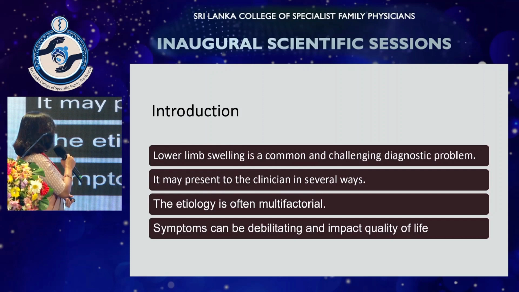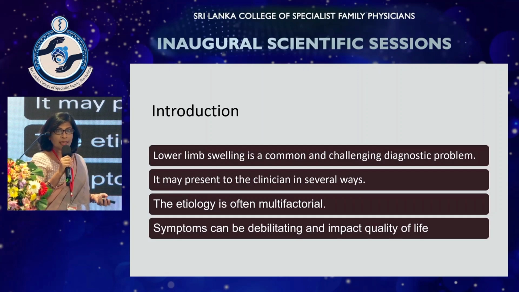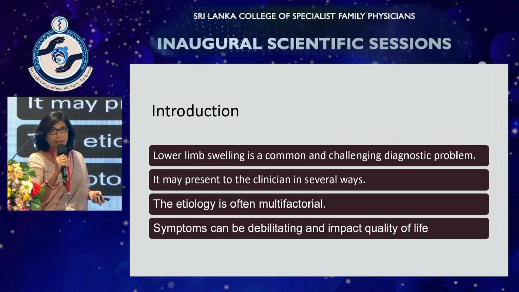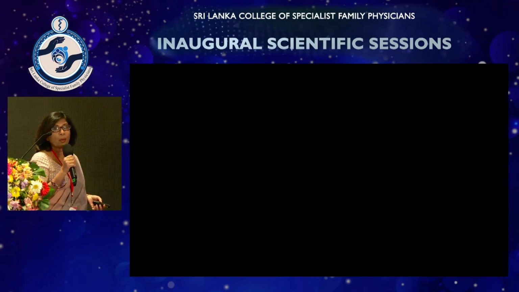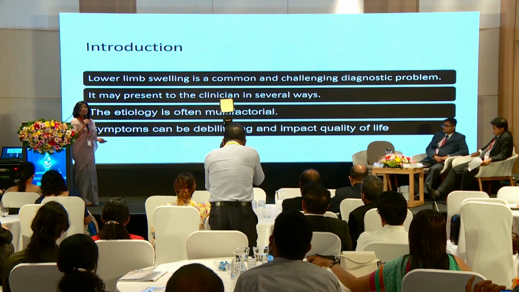Right. So I would like to introduce it like this. Lower limb swelling is a common and challenging diagnostic problem, because it's not a disease, it's a symptom. So there may be a lot of reasons behind this. Second, it may present to the clinician in several ways. And the etiology is often multifactorial.